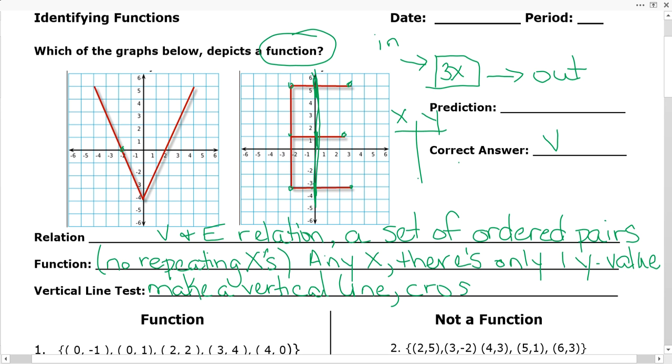So you ask yourself, does the vertical line cross the relation more than once? More than one time? No function.